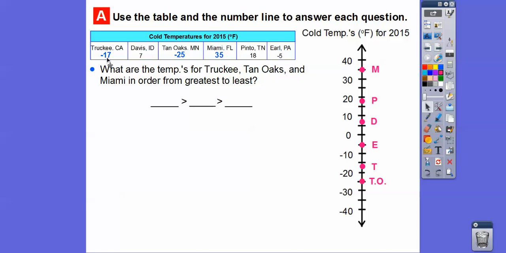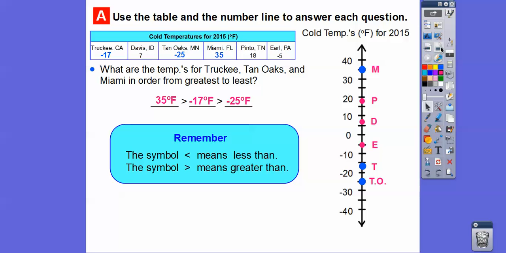So we'll highlight negative 17 for that one right there, and then we'll highlight negative 25 for that one, and then Miami is going to be 35 right up there. So when we highlight those, then we want to know which one is the biggest to the smallest, okay? So the biggest is Miami, and then we have Truckee, and then we have Tan Oaks right there, okay?